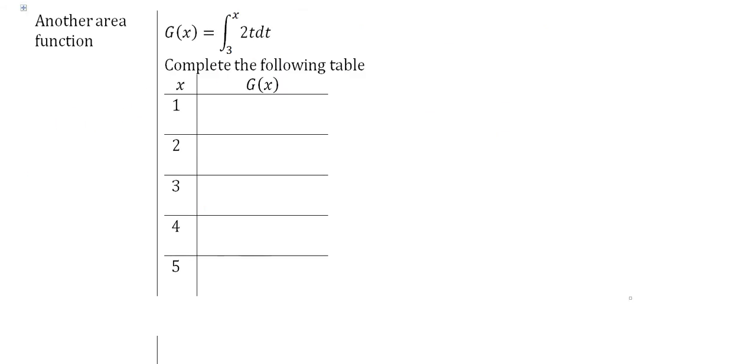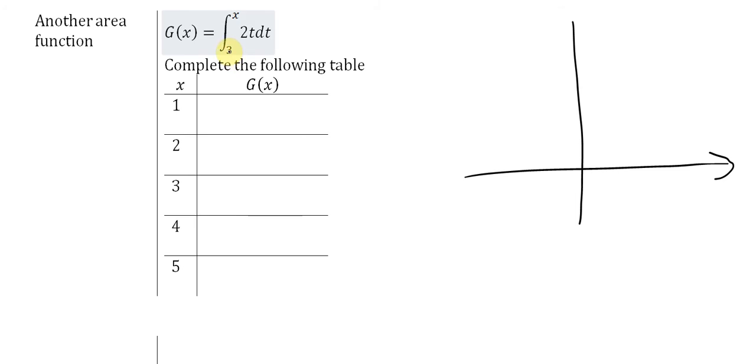All right, now I'm going to continue one more example here. This time I'm going to define a function g as follows, and the only thing that g is different from f is that the integral starts at 3. So you still have this equation.